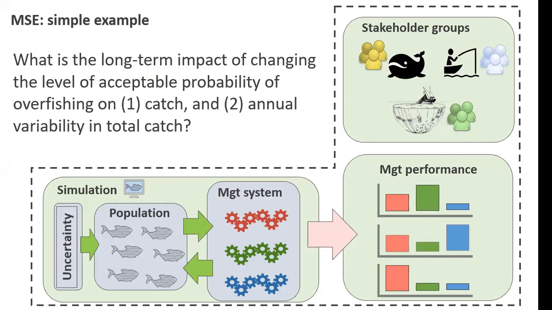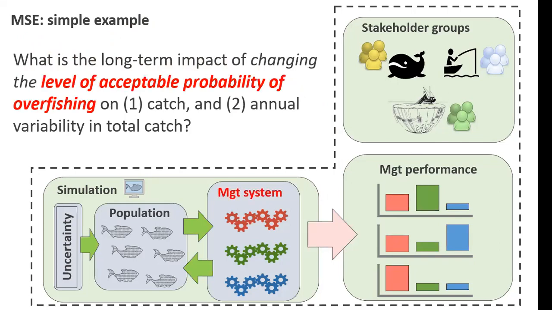And so just to emphasize a couple parts here, we have the level of acceptable probability of overfishing. That's an example of something in the management system that we might change. That's a management strategy or a management procedure that we might be looking to evaluate.